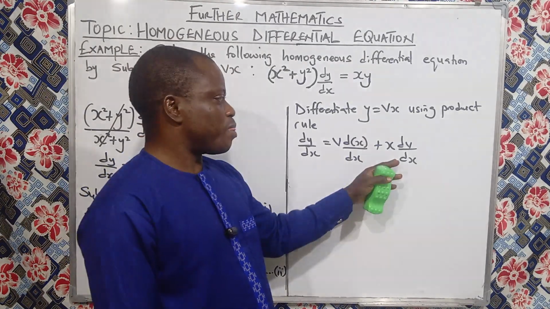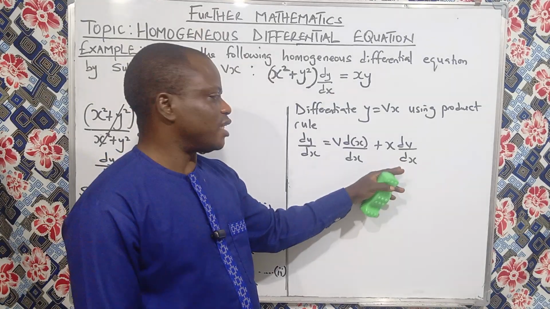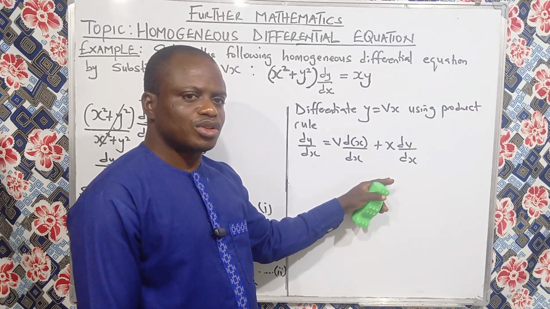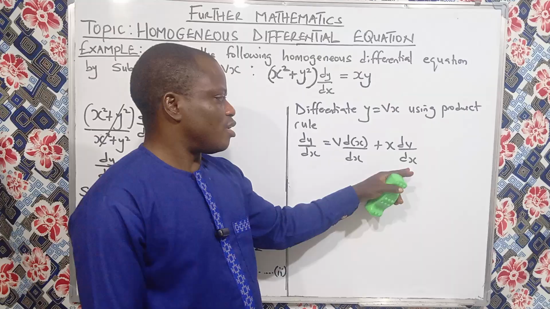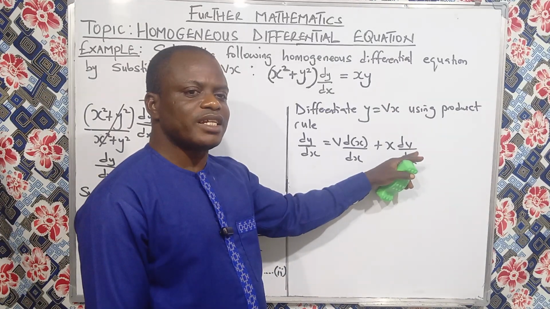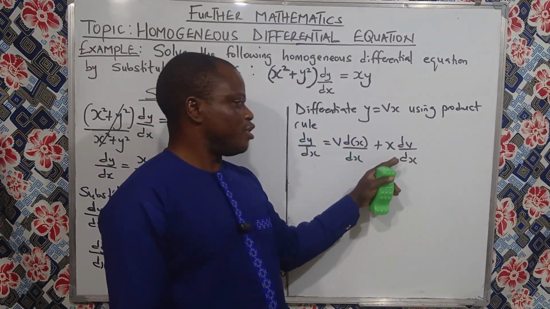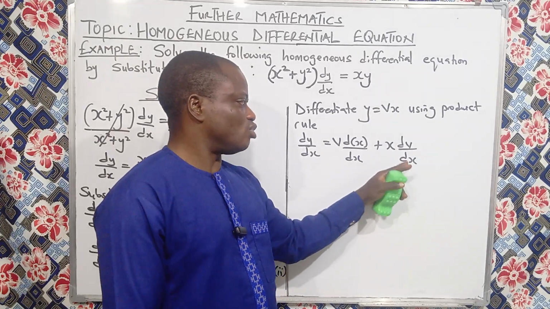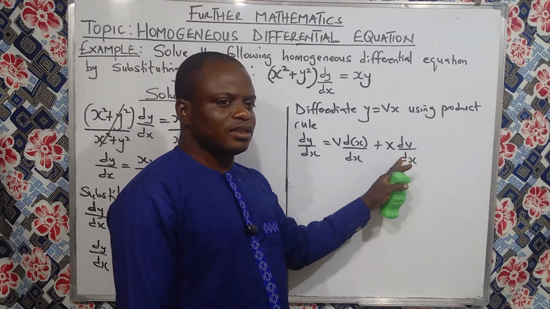The reason is that there's no guarantee that dv over dx is equal to 1, because v may vary at any rate with respect to x. That's why it's left the way it is.